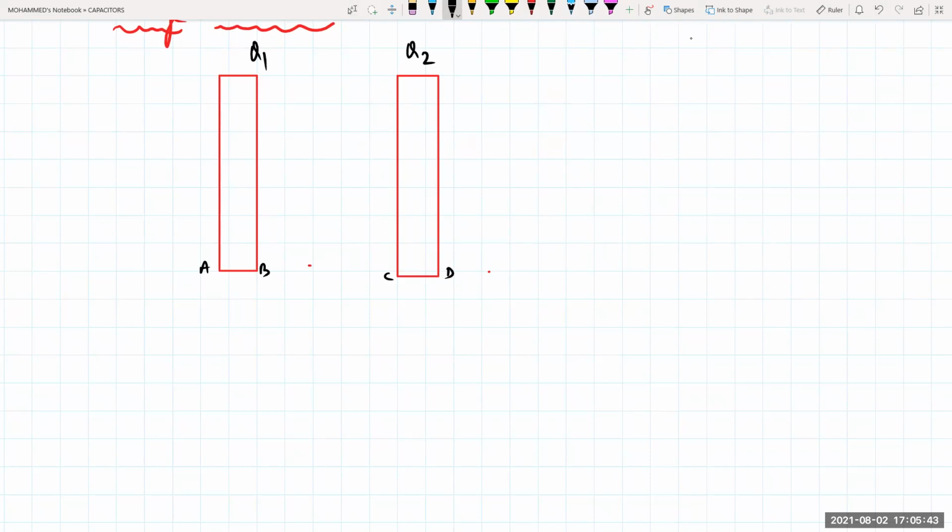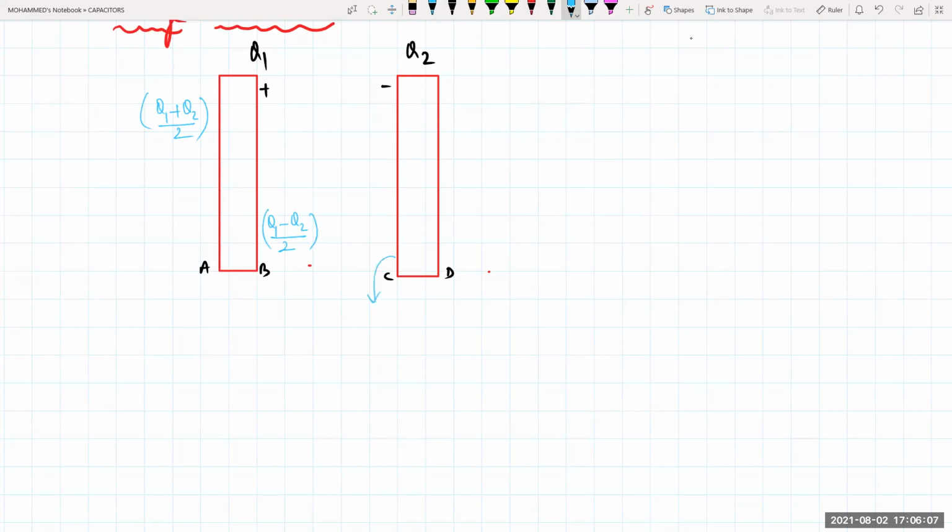Whenever you are giving the charge, this will be positive and this will be negative. The charge will be equally distributed. So on this plate it will always be Q1 plus Q2 divided by 2. On this side, it will be Q1 minus Q2 divided by 2.